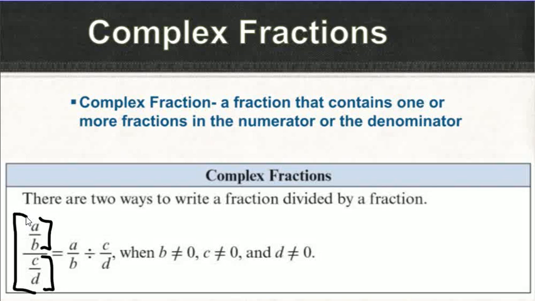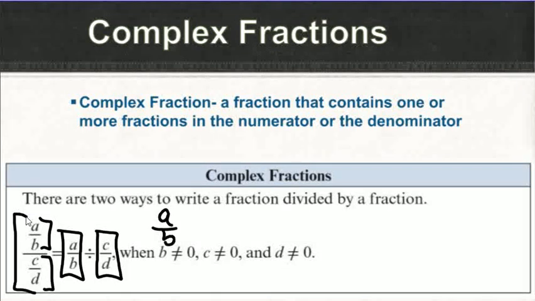So in this example here, you have A over B divided by C over D. So they want you to divide A over B, that fraction, divided by the fraction in the denominator of C over D. And when you divide by a fraction, you're really multiplying by the reciprocal.